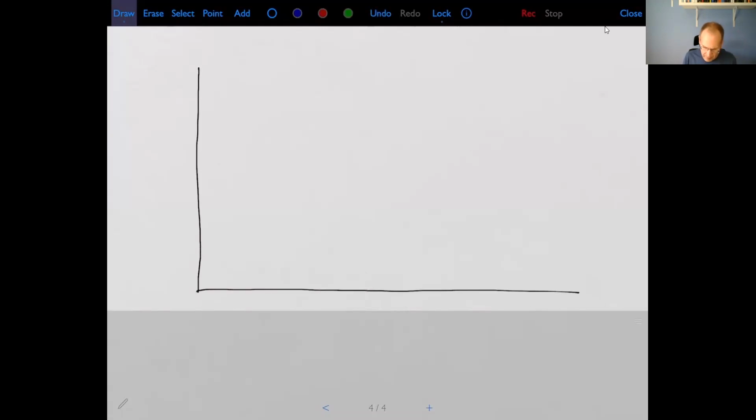So the horizontal line is like the table. Let's say this is the object, and we'll assume it has some initial velocity. So this is the launch velocity, v naught, and it makes an angle with respect to the horizontal. I'm going to call this the launch angle theta.